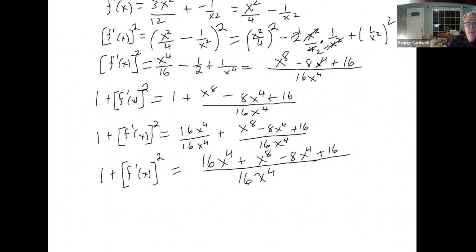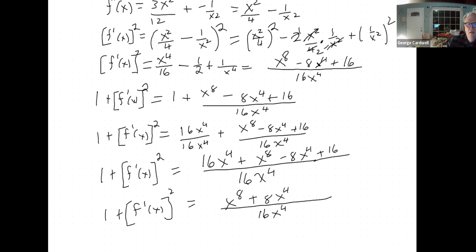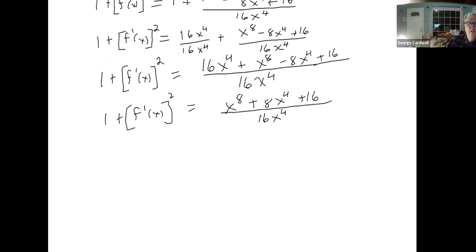So now I have this, and it'll all be over 16x to the 4. And then the first term is now x to the 8. 16x to the 4 minus 8x to the 4 becomes plus 8x to the 4. So there's my 1 plus f prime x squared.